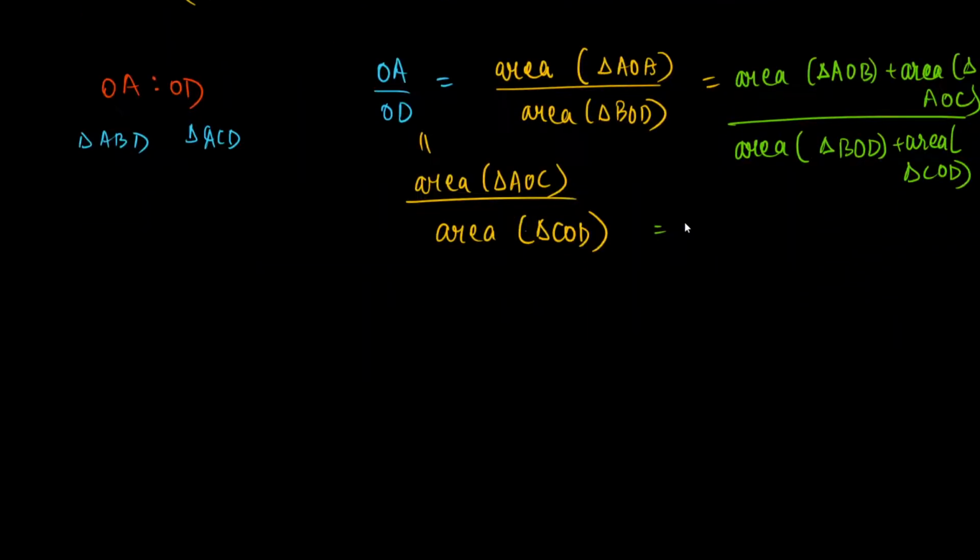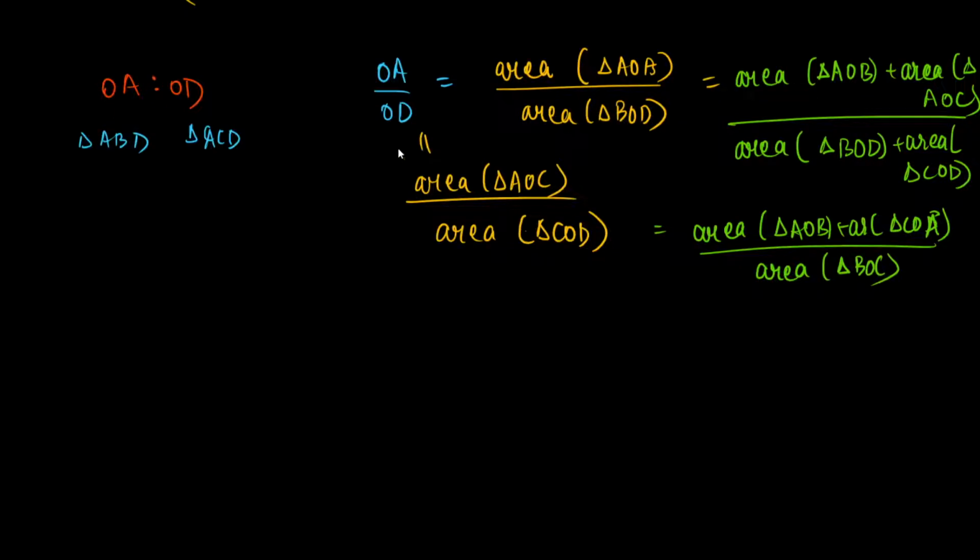So this is equal to the area of AOB plus the area of AOC, divided by the area of triangle BOC. We now use the similar formula, half into the product of two sides into the sine of the included angle.